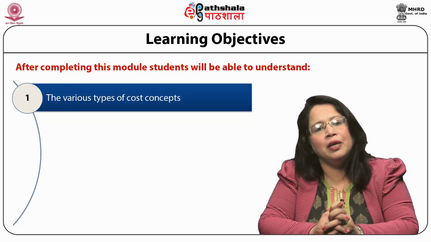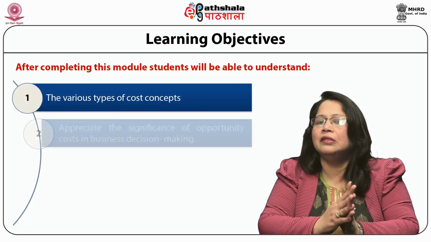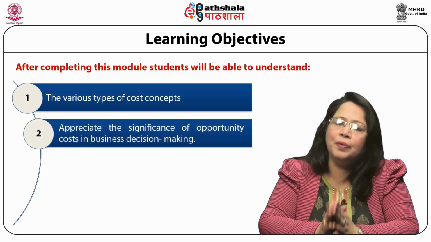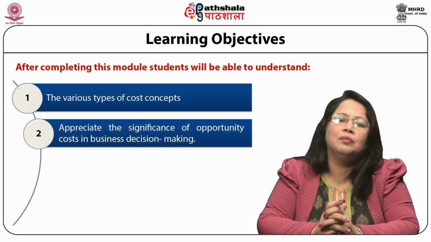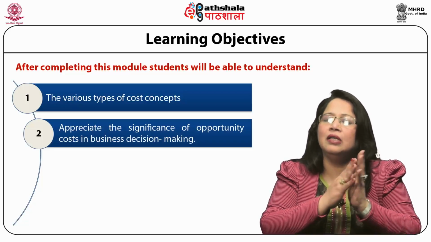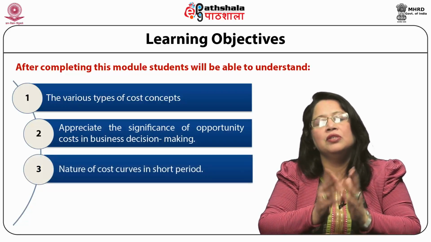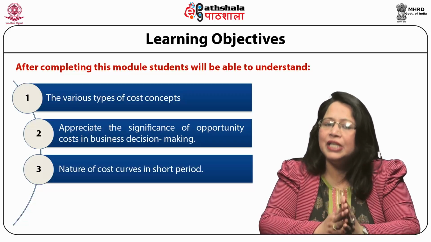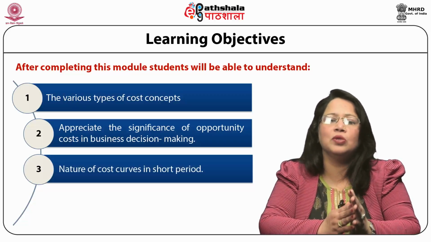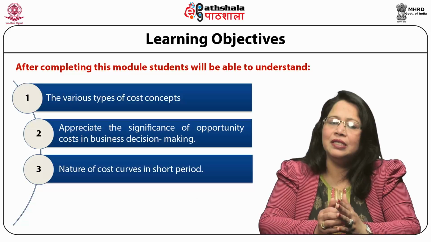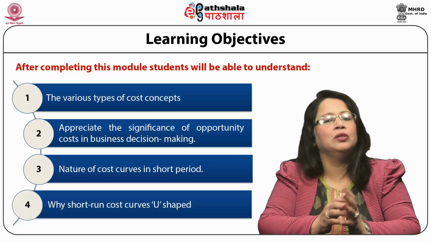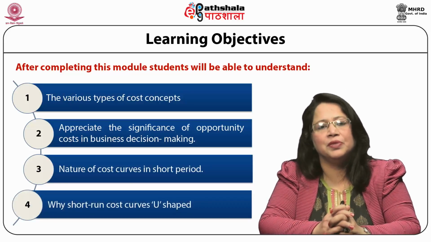You will also be able to learn the significance of opportunity costs in business decision making, nature of cost curves in short period, relation among various cost curves, and why short-run cost curves are U-shaped.